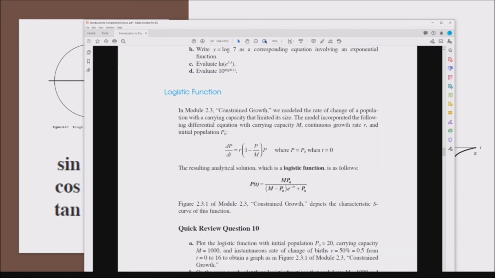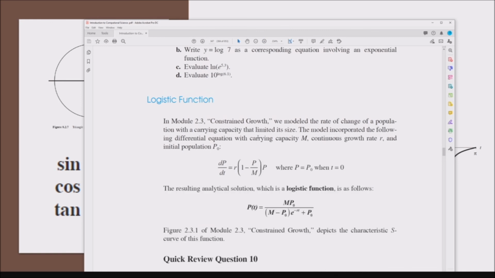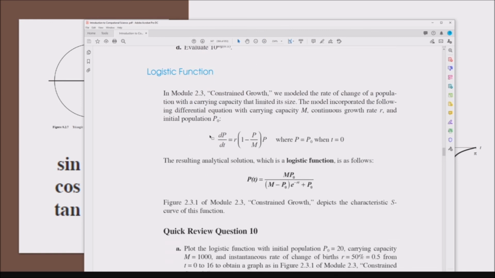The logistic function they're talking about here is the population growth with the carrying capacity we have. If you want to put this in an analytical solution, this is what it looks like, and we're talking about the t value here. You can go and look at it in chapter 2.